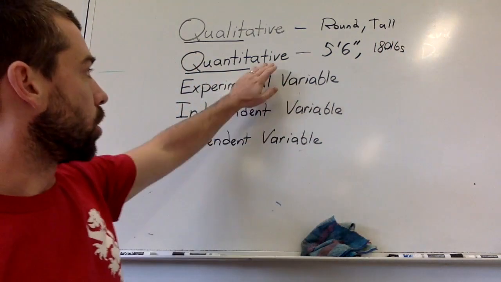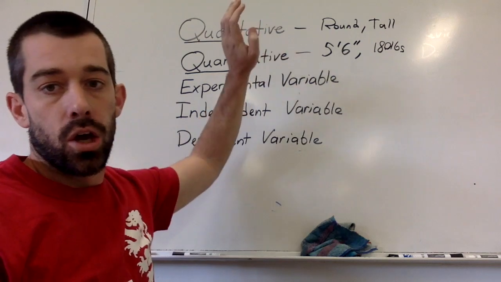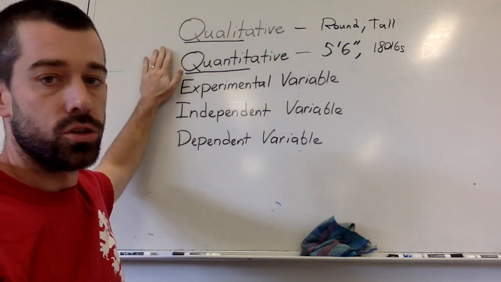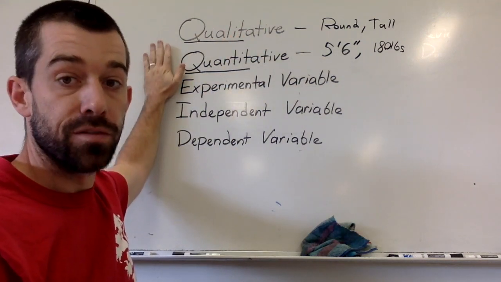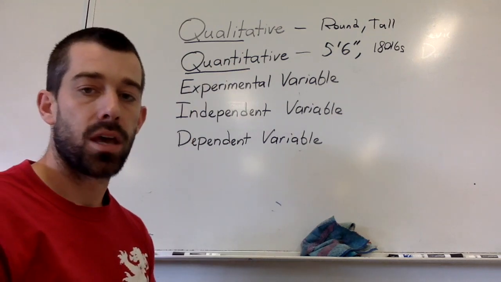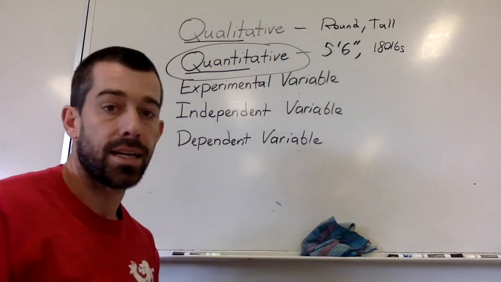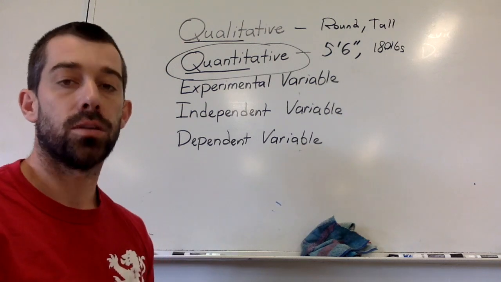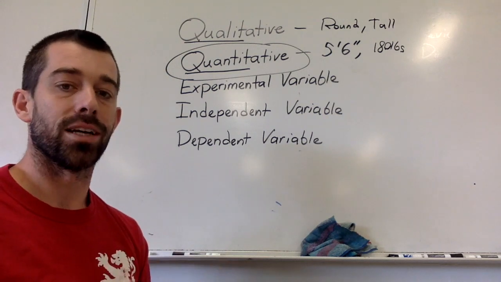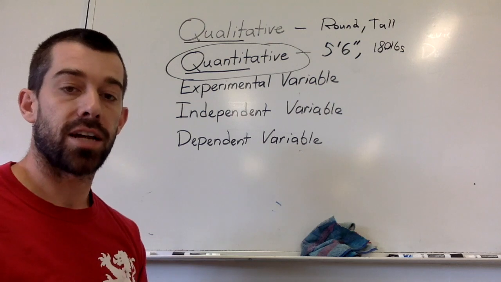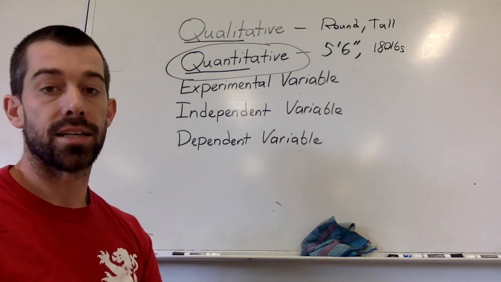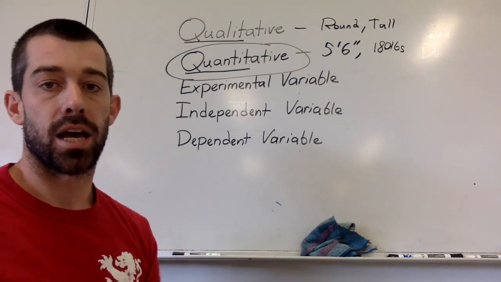Okay, those are quantitative. When we are doing an experiment in a physics class in particular, we are especially concerned with quantitative values because physics is all about uncovering relationships in the natural world that can be expressed using numbers and mathematics.